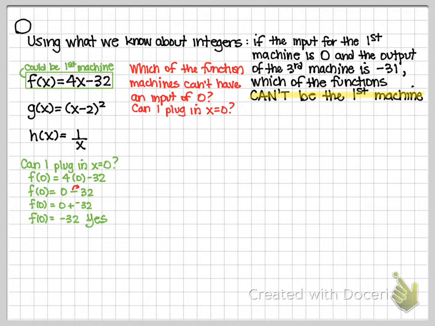So I'm going to go ahead and color code that in blue. And we're going to ask ourselves the exact same question. So, could I plug in x equals 0?